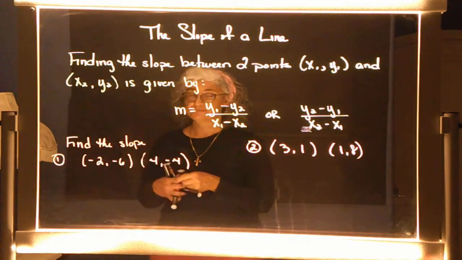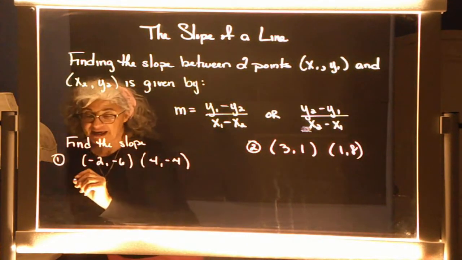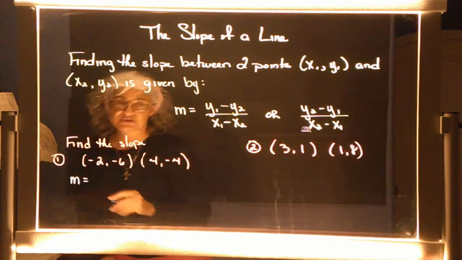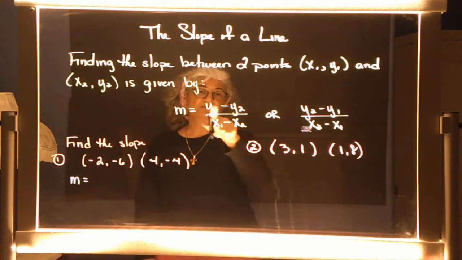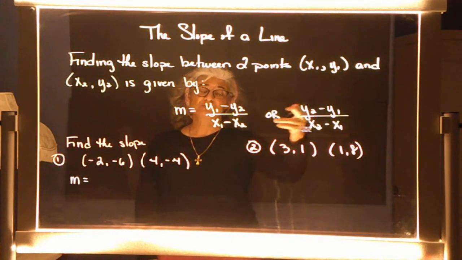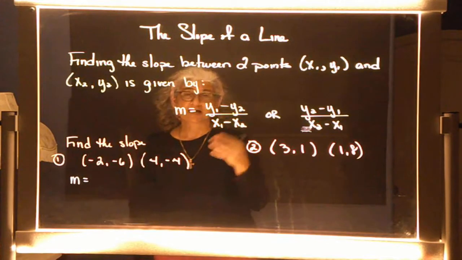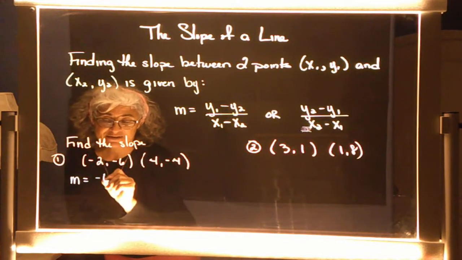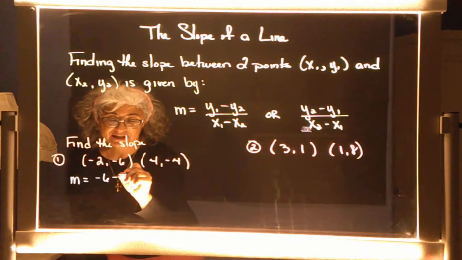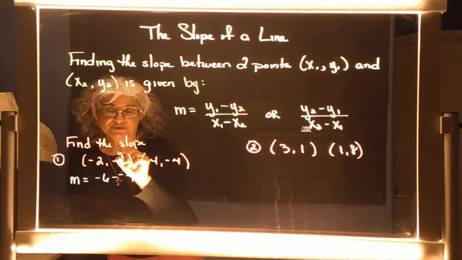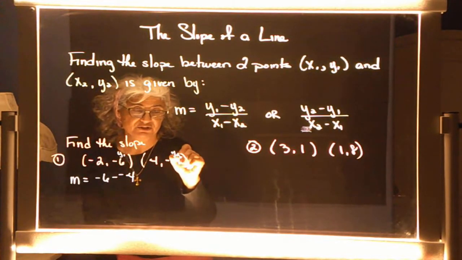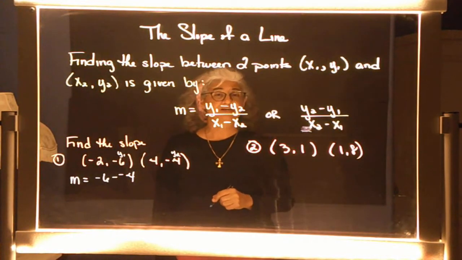So, the slope formula says m equals. I'm supposed to subtract the y's, and it doesn't matter which order I subtract them. I just have to make sure I do the denominator in the same order. So, I'm just going to do negative 6 minus negative 4, because this was y1 and this is y2, so I decided to subtract in that order.